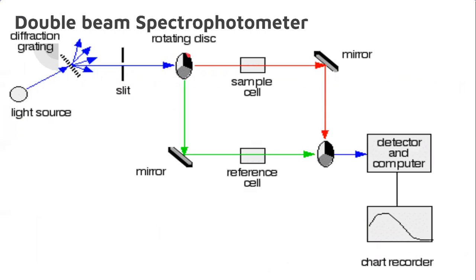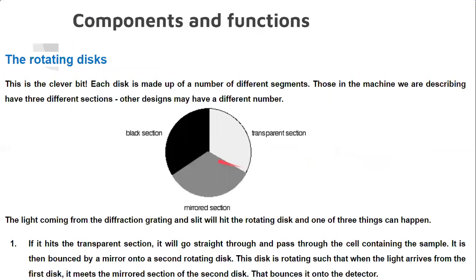If the light falls on the transparent section, that light is sent to the sample cell. If it falls on the mirror section, it will be sent into the reference cell. So with the help of this rotating disc, we can send the light into the reference cell as well as the sample cell.